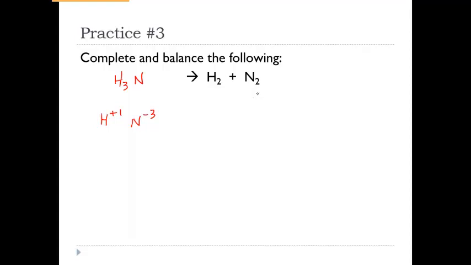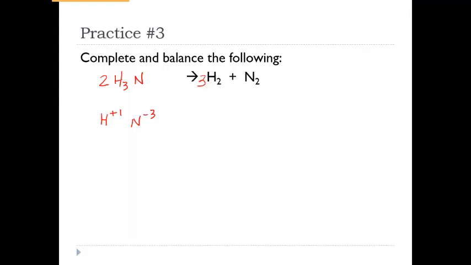We'll see what we should have. So if we have 2 nitrogens on our product side, we can fix that by putting a 2 out in front of our hydronitric acid, and that gives us 6 hydrogens, and so we would need to put a 3 on our product side with hydrogen to make it 6.